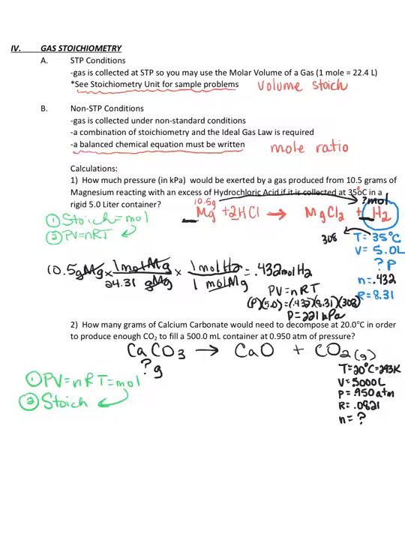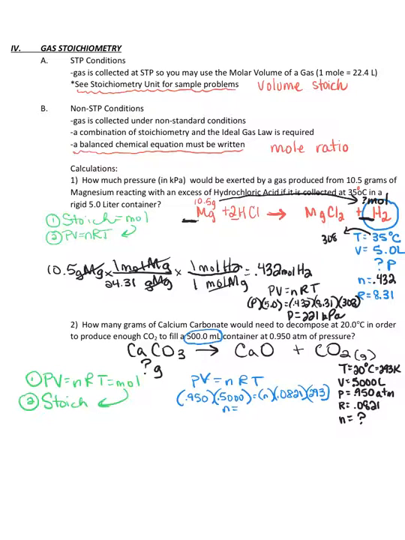So I'm going to do my ideal gas law, PV equals nRT. My P is 0.950. My V is 0.5000. Remember, I converted my 500 milliliters into liters. I'm leaving my N as is. That's what I'm solving for. My R is 0.0821 to match my R value with my pressure. My T is 293 because I have to have it in Kelvin.